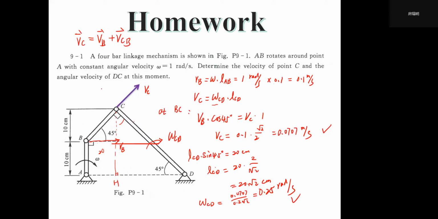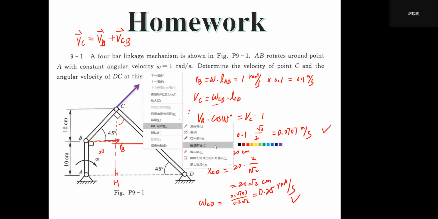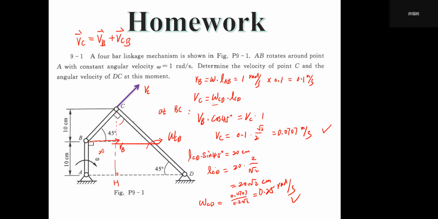So if I can draw for you, I will change my pen's color to another. Let's see, it's green. We try to find the absolute velocity of point C, so it should equal this vector sum. So here should be VB.